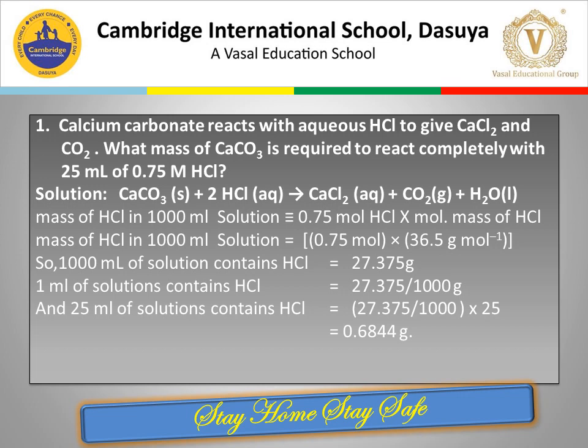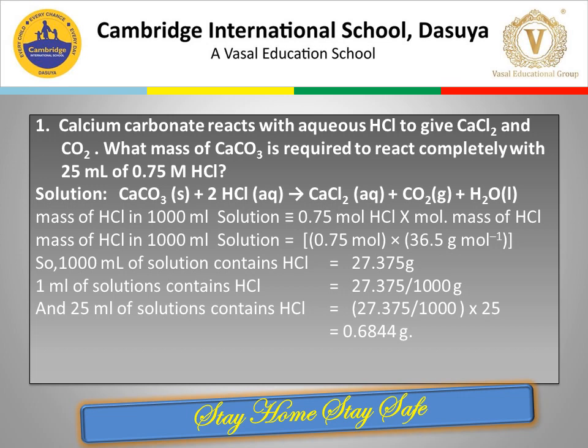So if 1000 ml of HCl solution has 27.375 gram of HCl, then 1 ml of solution should have 27.375 upon 1000 gram of HCl.